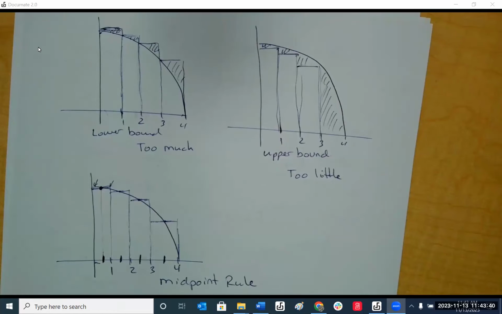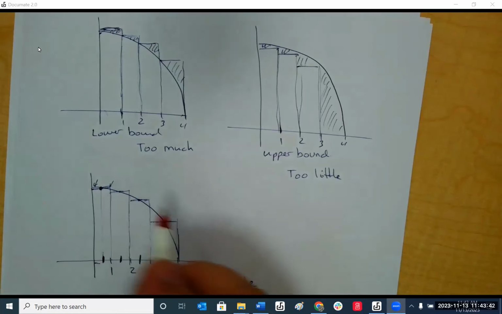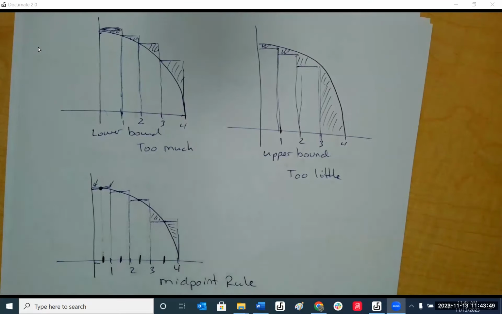Hopefully it'll even out. Like look here, I'm missing this, but I have extra here. So eventually, if you make them small enough, those differences will even out. So that's the method that's preferred, but it's the most difficult because it's a lot more work.